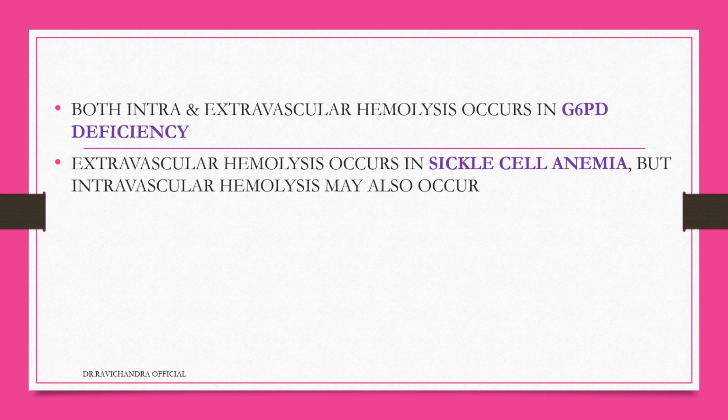If there is an option of G6PD deficiency, you have to choose it. Or they may ask: in G6PD deficiency, hemolysis occurs as intravascular, extravascular, both, or none? The answer is both intravascular and extravascular hemolysis occur in G6PD deficiency.